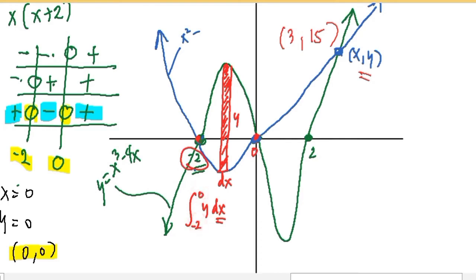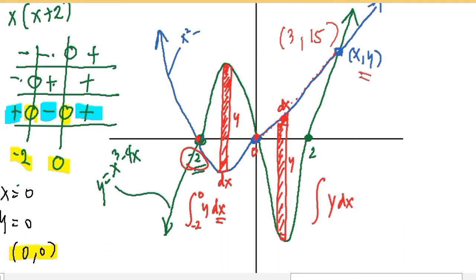And dito, ay magkakaroon tayo ng another strip, na vertical din, kasi kung titingnan natin, simula dito hanggang makarating tayo doon, always yung curve natin, itong kulay blue yung nasa taas, itong kulay green yung nasa baba. So, y din ito, yung lapad nito ay dx. So, ito ay may area din na y dx.